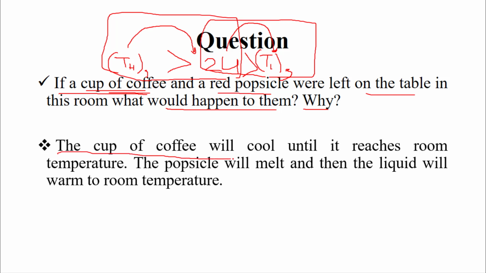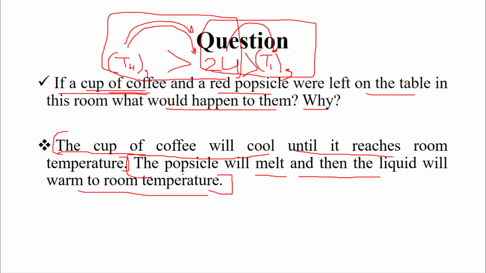The cup of coffee will cool. It will lose temperature, so it will cool down until it reaches the room temperature. This is what will happen to the cup of coffee. Why? Because we have a temperature difference. Whereas the popsicle will melt, and then the liquid will warm to room temperature.